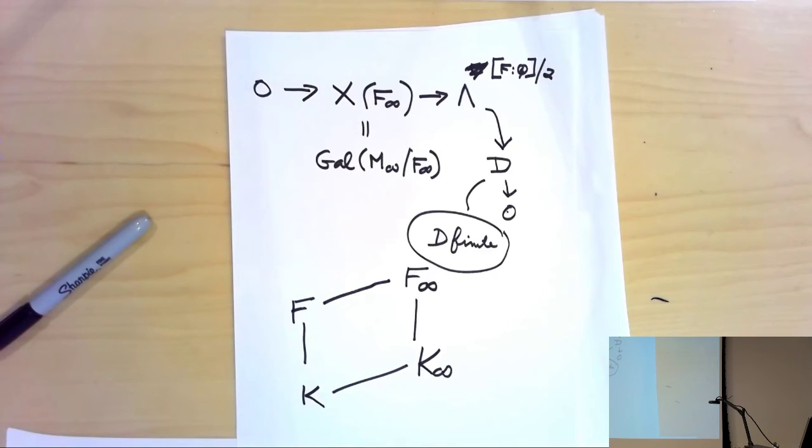For example, in this extension, there are only finitely many primes above each rational prime. Of course, this is not true for an arbitrary ZP extension. You can have primes splitting completely and so on.